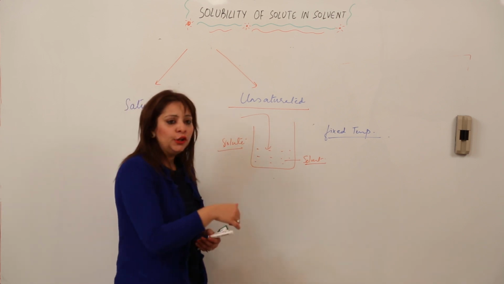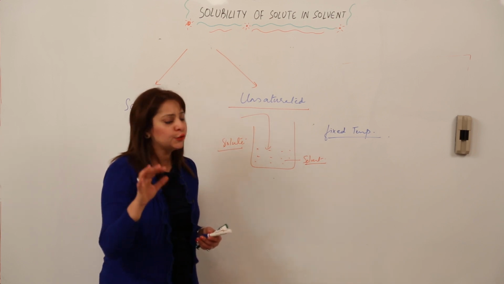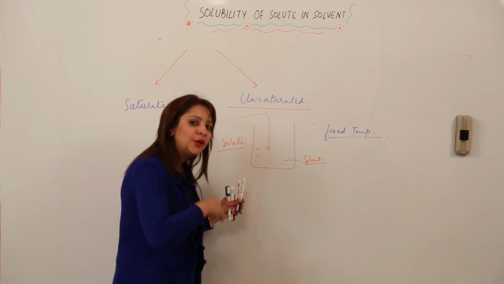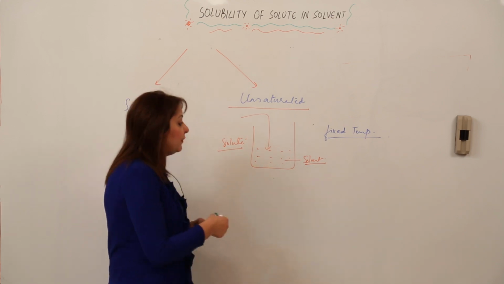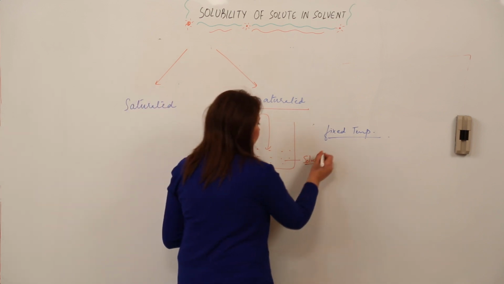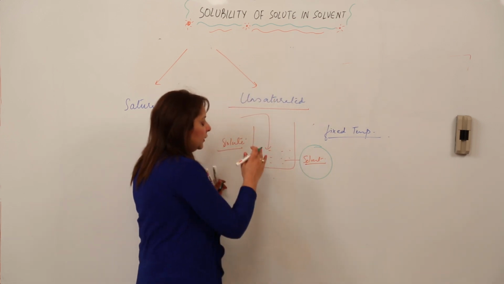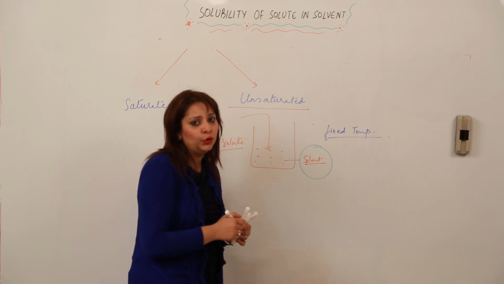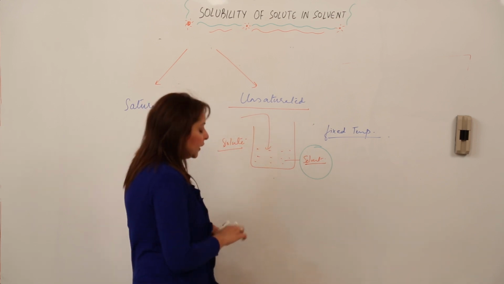I add more and more solute, I stir it, and the solvent again dissolves it. But a point will reach when the solvent will not dissolve any more solute. Again, I am just framing an example for you.